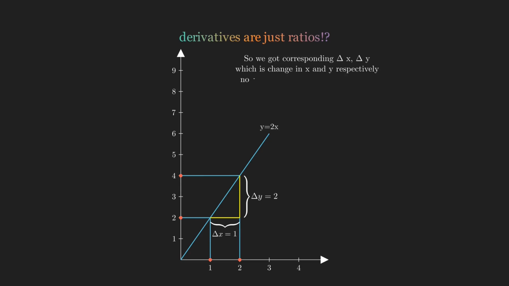Now by taking the ratio we can compare change in y with respect to change in x. And this right here, people, is our derivative for a linear function, and we get the ratio as 2.